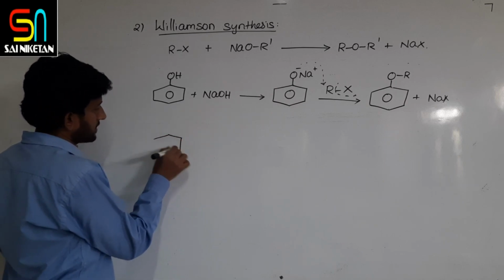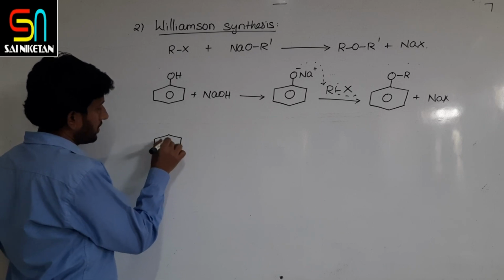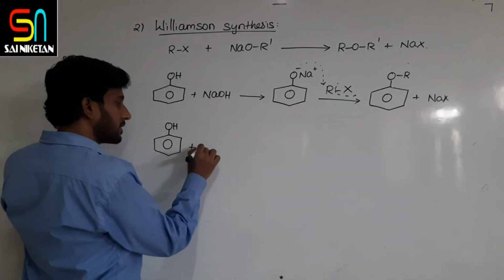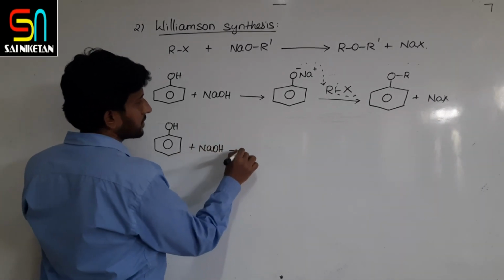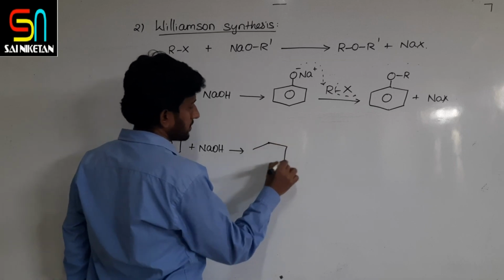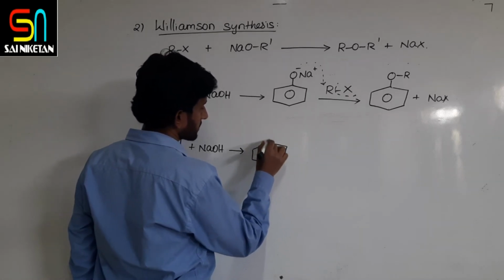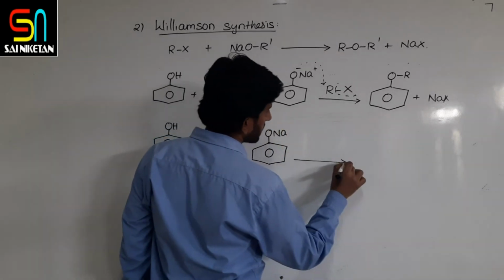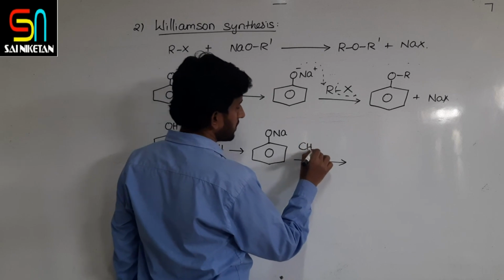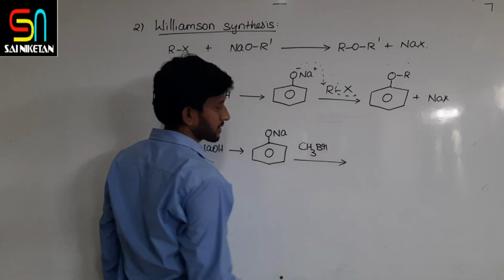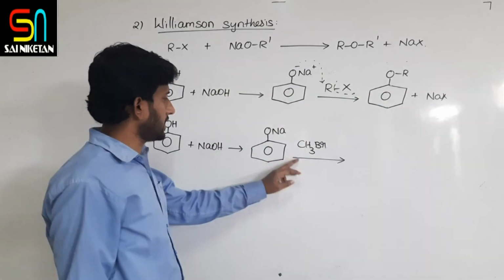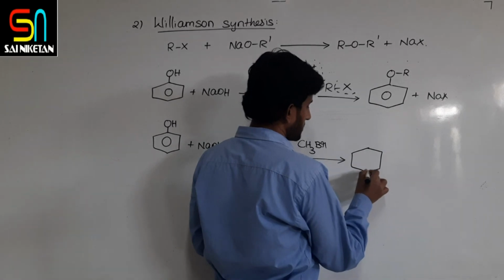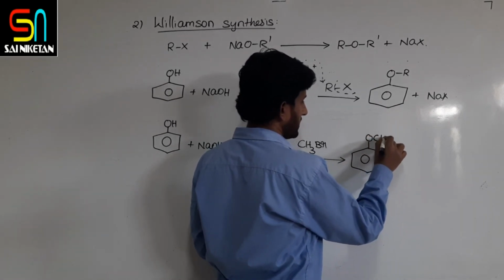Let us take one example. Phenol on reaction with NaOH produces sodium phenoxide. Sodium phenoxide on reaction with, let us assume, methyl bromide produces methoxybenzene.